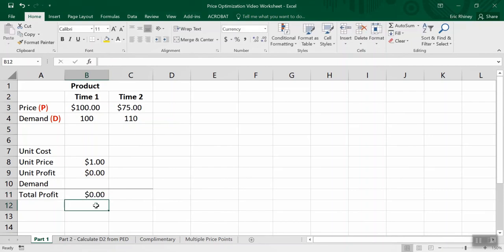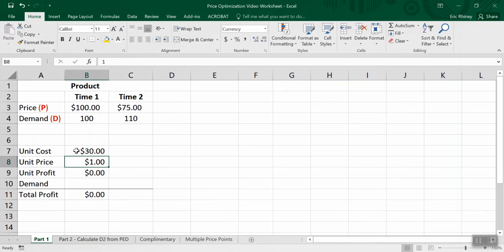All right, so what we want to do is figure out what the demand is, and if we change our price, what our demand will be, how that will impact our profit, and then ultimately our overall profit. And let's just assume whatever this product is, it costs us, let's say $30 to make.